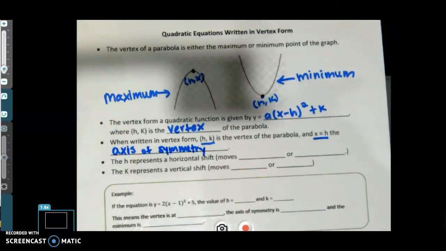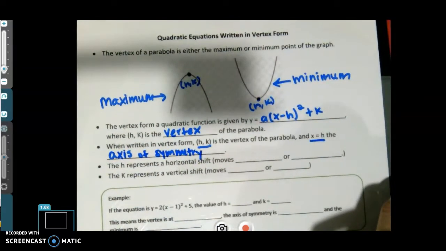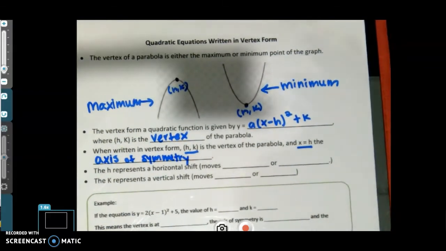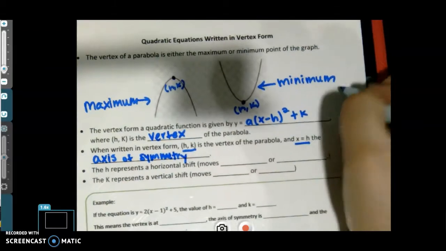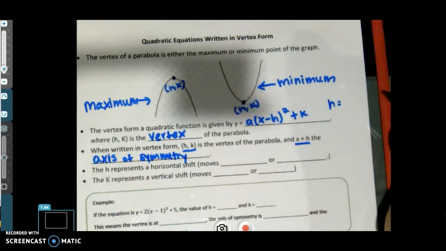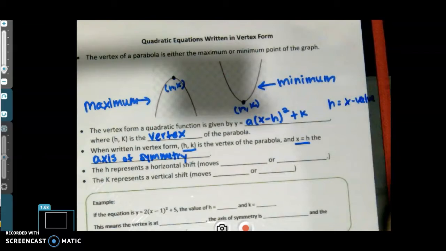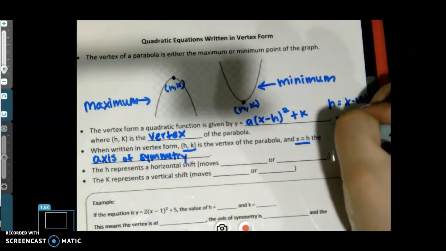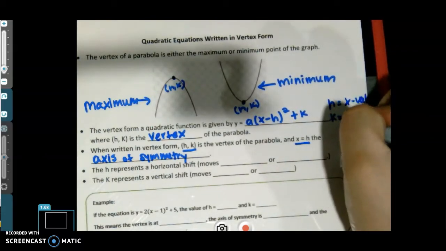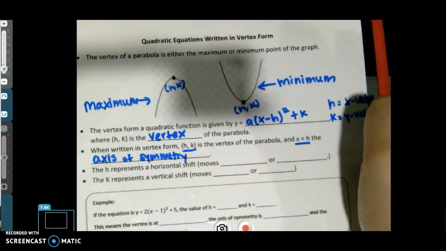Okay? Now I want us to pause right here because I need to explain x and y for h and k. So I want you to write somewhere on the side that h is the x value. Okay? It is the x value. K is the y value. Okay?